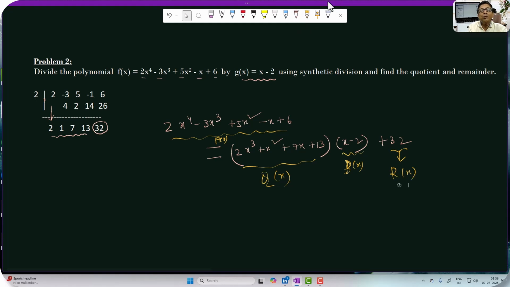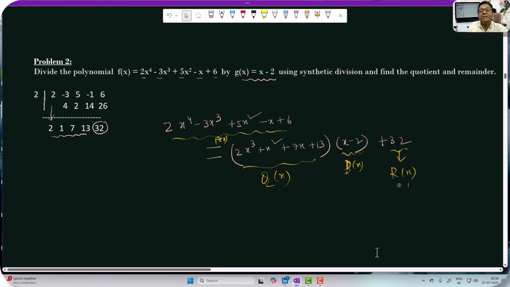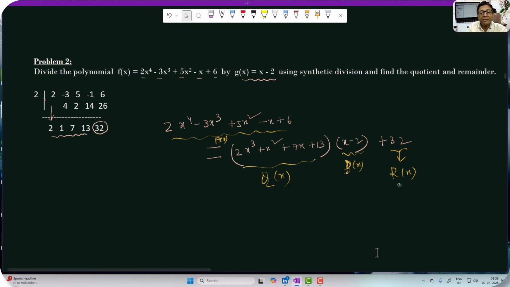So this was our a(x). You have divided by this, this is going to be the b(x). This is going to be the q(x), the quotient, and this is the remainder here.